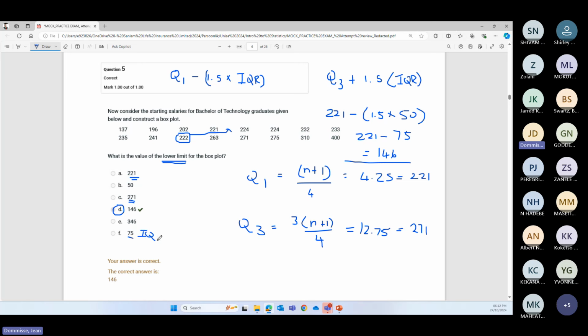So there's also your 75, which is your interquartile range times 1.5. That's your Q1. That's Q3. So that's your lower limit. And I won't be surprised if that is your upper limit. So let's quickly see: 271. So 50 times 1.5 is 75, plus 271. So that is your upper limit.